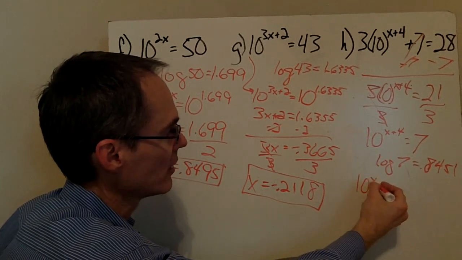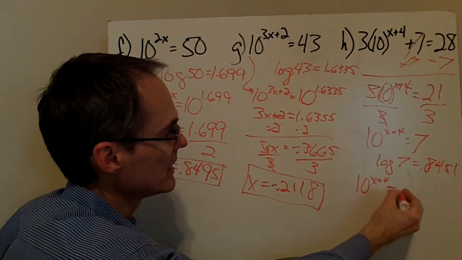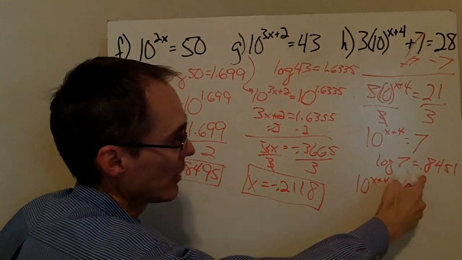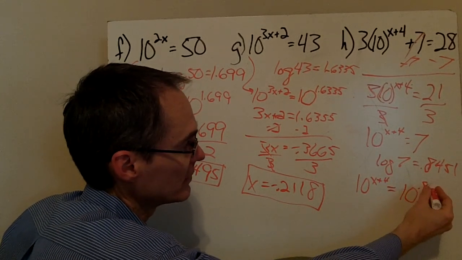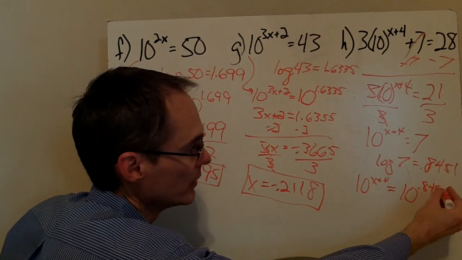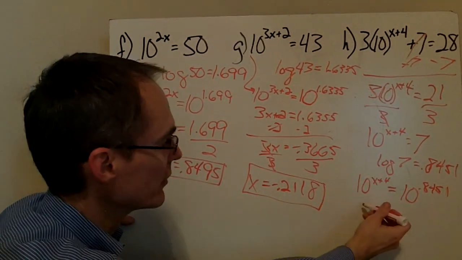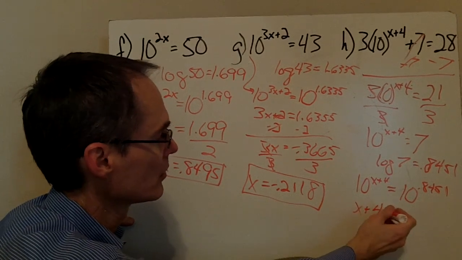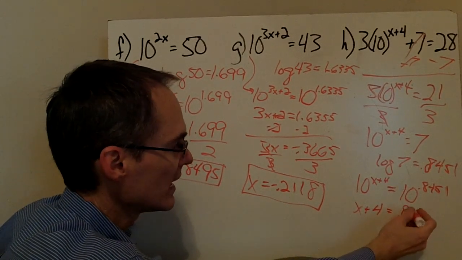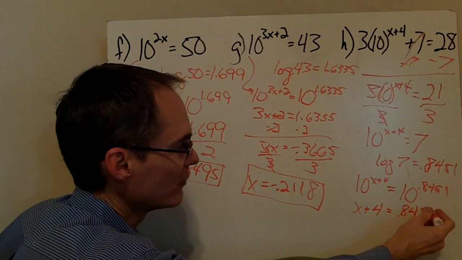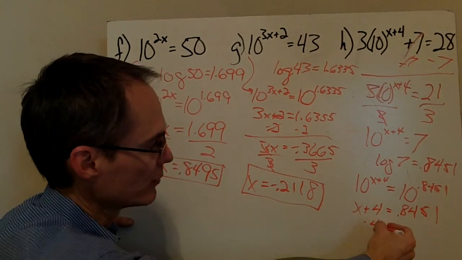So I've got 10 to the power of x plus 4 equals 10 to the power of 0.8451. And once again, I can set my two exponents equal to each other. So I've got x plus 4 equals 0.8451. Subtract 4 from both sides.